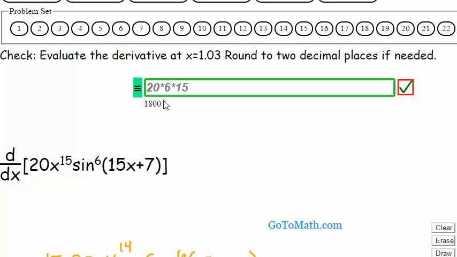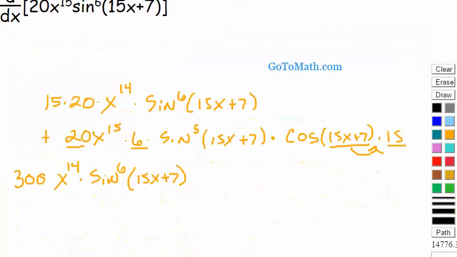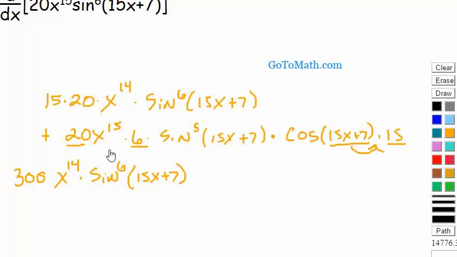And what do we get? 1800. All right, so this is plus 1800. And what do we got going on now? We got this x to the 15th. We have sine. Hopefully I can get all this on one line again. Sine 5. Something's fishy here, and I'm trying to figure out what it is.